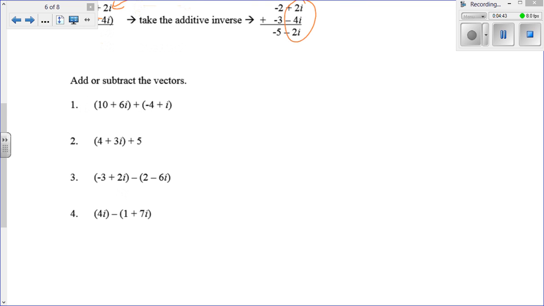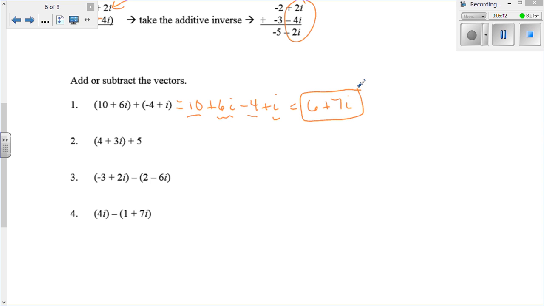Add or subtract the vectors. Here, since it's positive, I can simply ignore the parentheses, or I can just rewrite it as 10 plus 6i minus 4 plus i. Combine like terms: 10 and negative 4 is 6, and 6i and i is 7i.